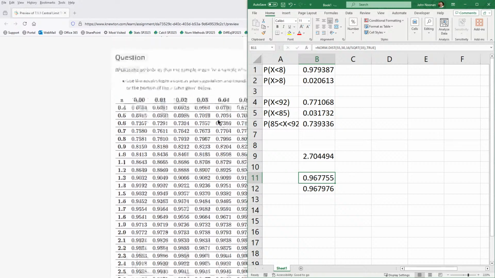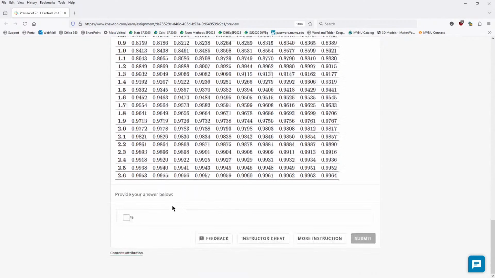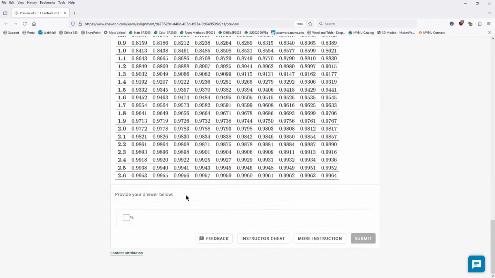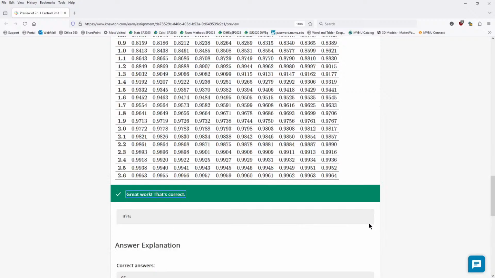So let's find out if we can just do this. If not, I'll show you the right answer. So this is 0.9679. Let's see, let's try. So 96, do I round? Nearest percent. Oh, it won't matter then. 96.79. So 97%. Good. Oh, good.